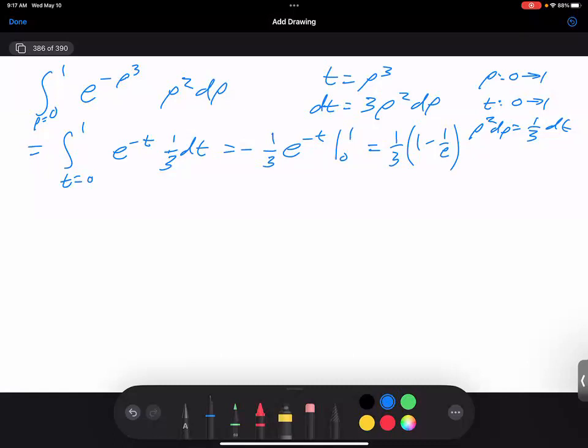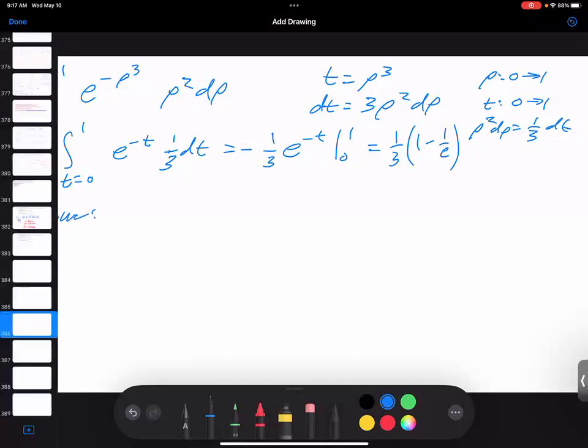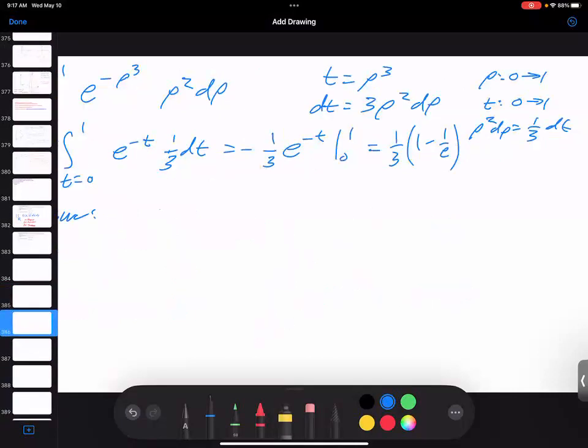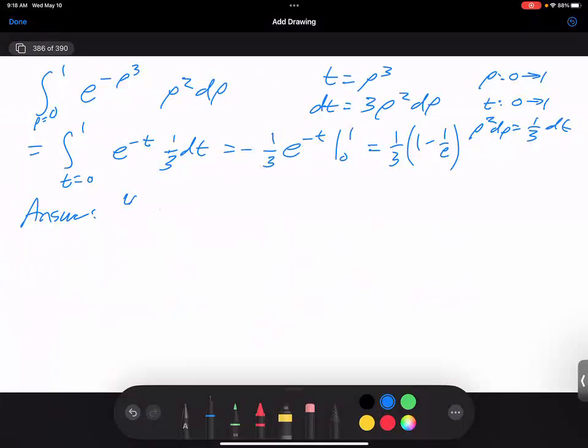This is a positive number, which is great because I have a positive integral. So the final answer is going to be, I think it's 4 pi abc. Yes. So it's going to be 4/3 pi abc times 1 minus 1 over e. And so that would be the answer.